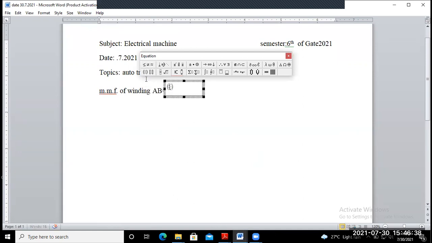So mmf of winding AB equals N1 minus N2 into I1.